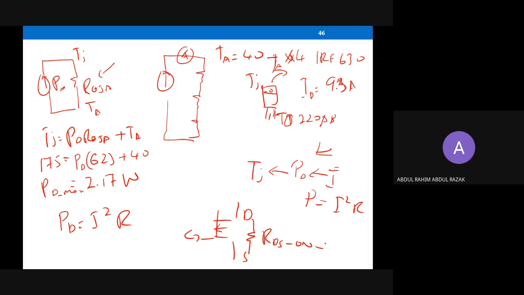As mentioned in the datasheet, for this part RDS on is 0.30 ohm.